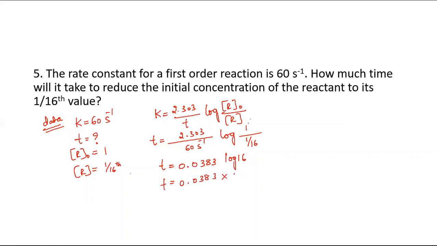Log 16 value here is 1.2041. Look in the log book for 16, and at 0 you see the value is 2041. While writing, you should not write 0 here because you have two digits. 16 is two digits and there is no decimal in between these numbers. Therefore 1.2041.